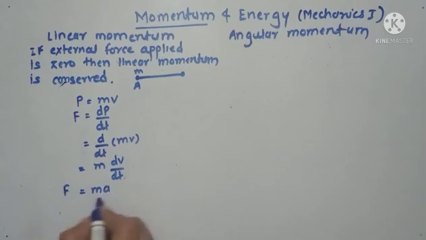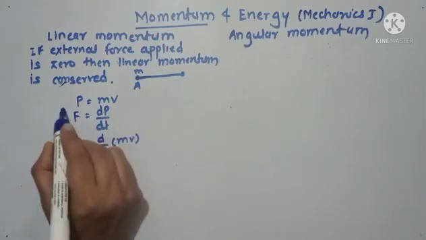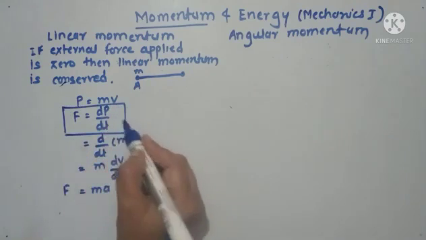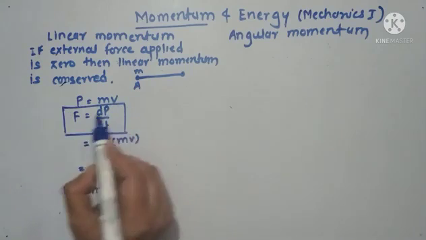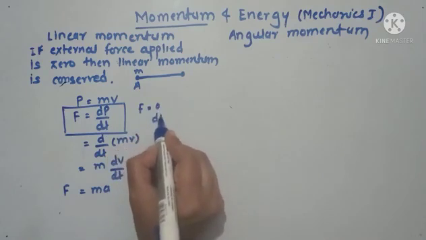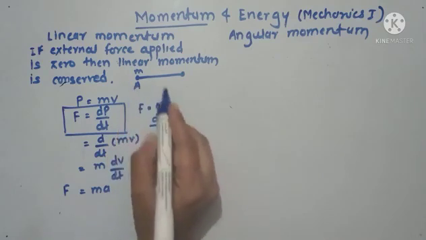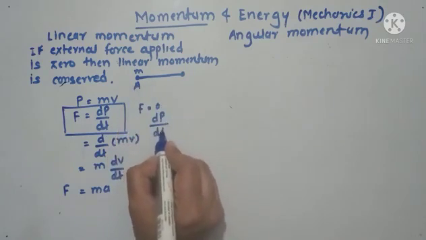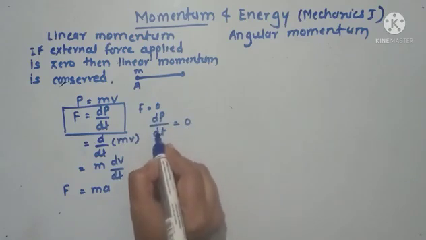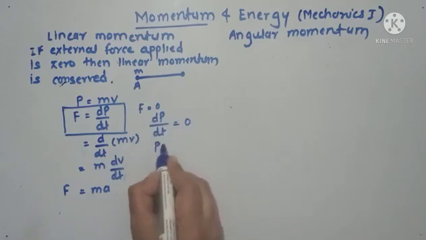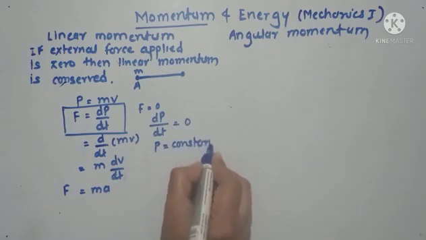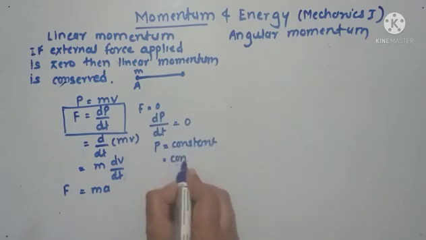So this is one more form of the external force. Now this is the statement of the law of conservation of the linear momentum: if the applied external force is equal to 0, then dp by dt is equal to 0, and if the derivative of any term is equal to 0, then that term is constant, which means the momentum is conserved.